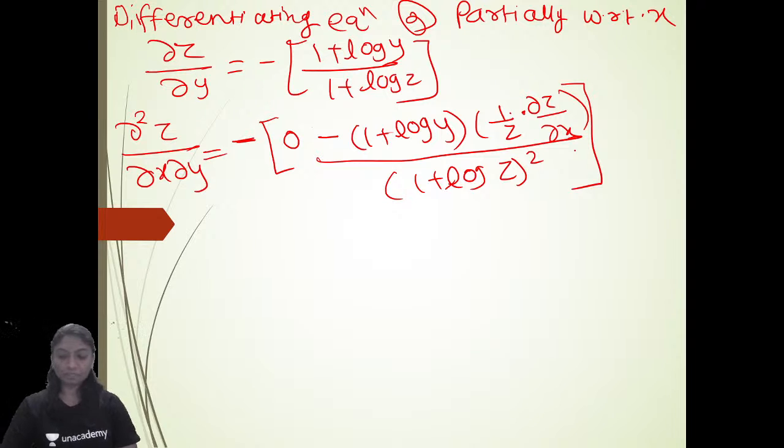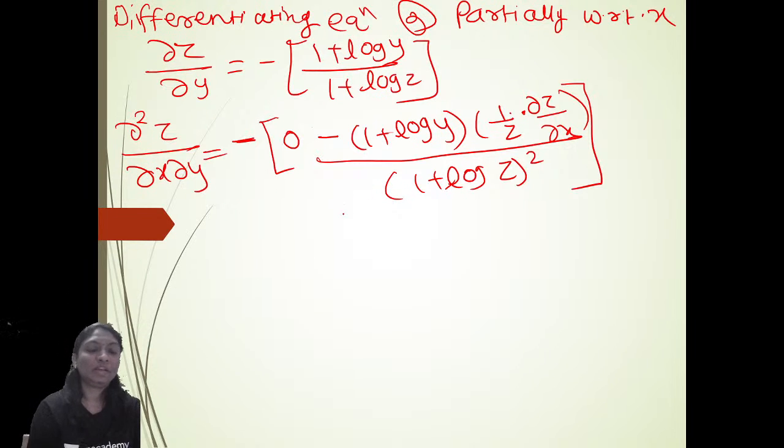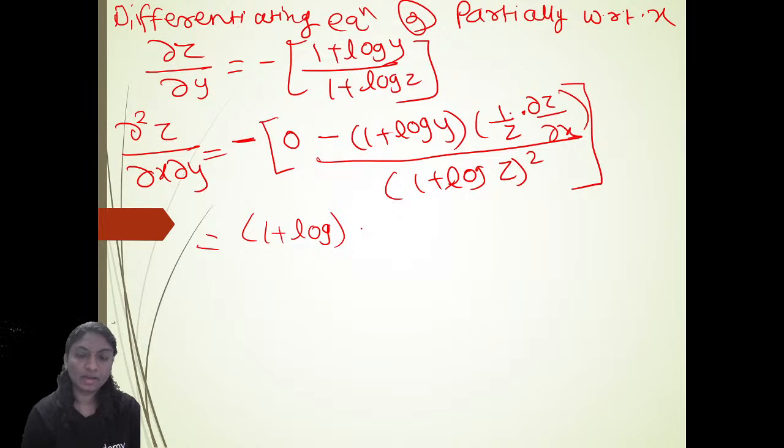Did you understand? Okay, how it comes here. So this is ∂²z by ∂x ∂y, right? Now we required here plus, so minus of minus will become plus. So you will get 1 plus log y into 1 by z into ∂z by ∂x, because we needed ∂z by ∂x here, that is why we calculated it earlier, right?